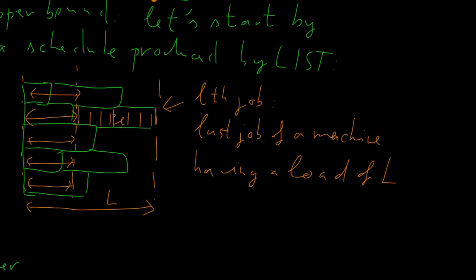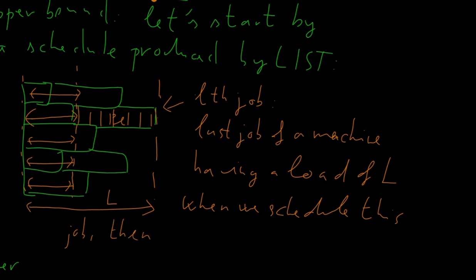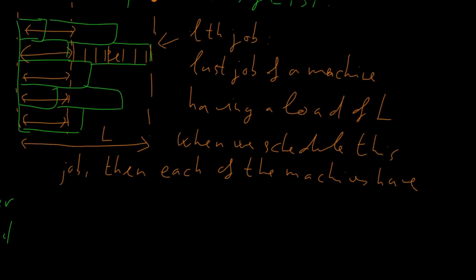So when we schedule this job, all the other machines have a load of at least L minus PL, because this was the minimum of the loads at that time.